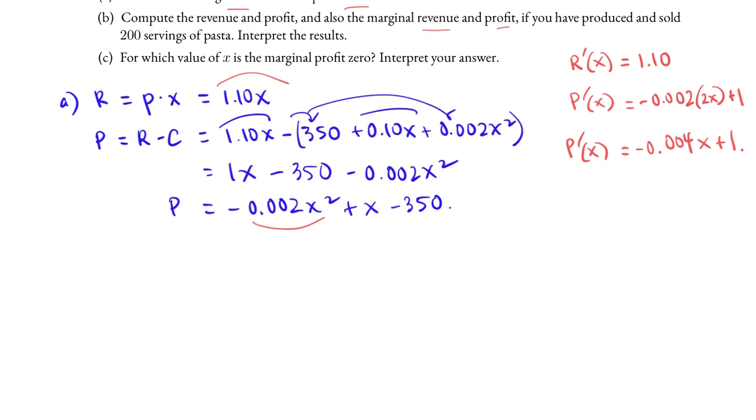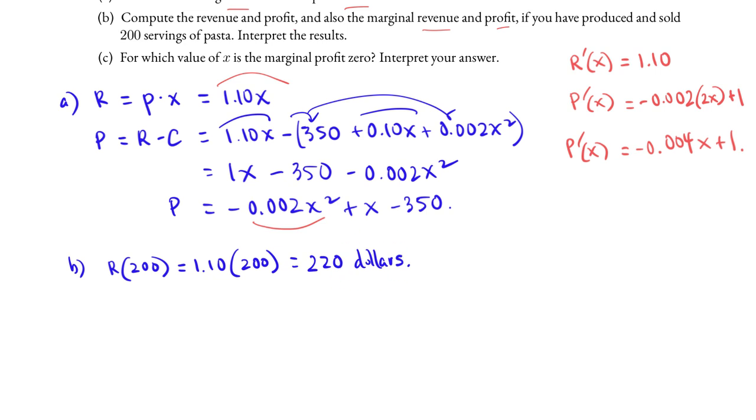For the revenue, R of 200 is 1.10 times 200, where we can just do it by hand or use a calculator to get 220, and the unit will be dollars. This means if we serve 200 servings of pasta, then we will get $220 in revenue only.